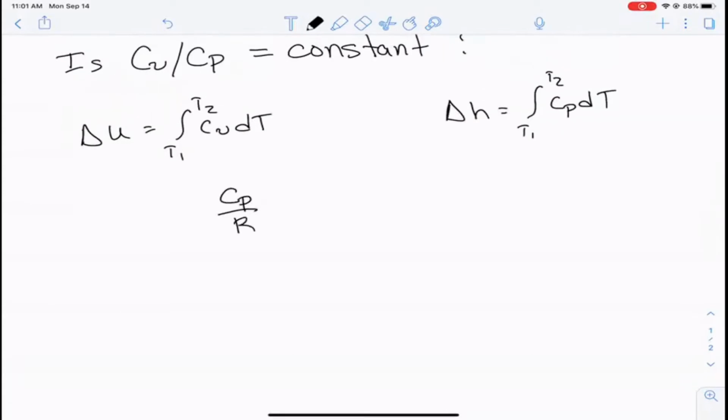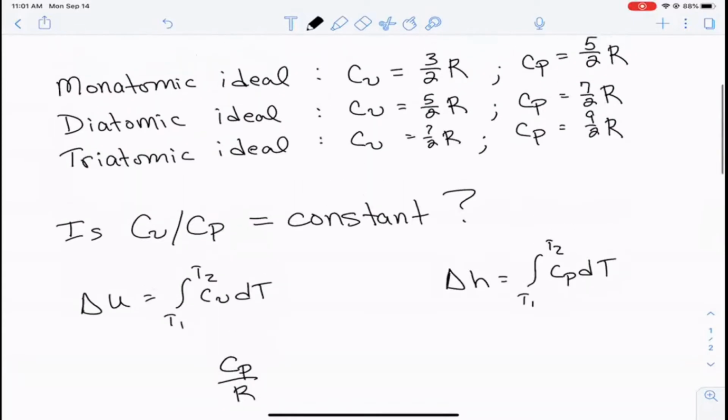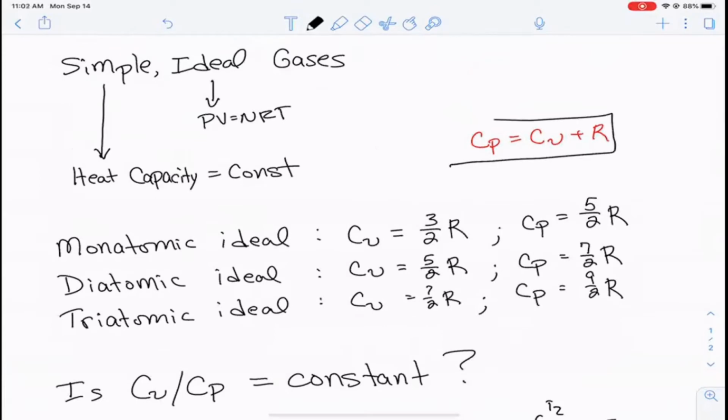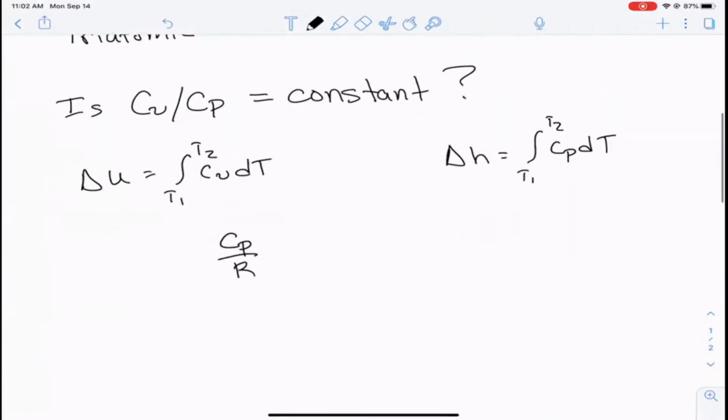And of course, they only give the constant pressure heat capacity because even though both of these deviate with temperature, we derived a fundamental relationship between CV and CP that isn't broken just because it changes with temperature. So this relationship is always true for an ideal gas. Even when we have these functions where the heat capacity is allowed to change as a function of temperature, we can use that relationship between CV and CP to get the one that we want, depending on the calculation that we're doing.